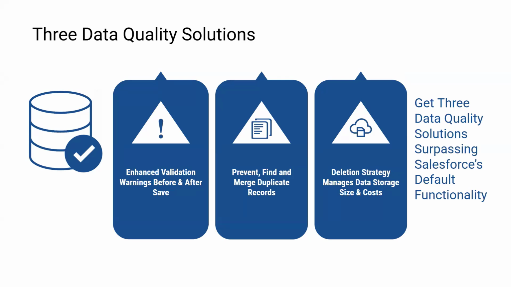Admins can create a custom dupe detecting system that automatically sends notifications if users may be creating or reviewing duplicate data, and those users are given easy-to-use tools to custom merge multiple records. And admins can safely and easily deploy a data governance deletion strategy, which enhances users' access to data in Salesforce while keeping Salesforce data storage costs low. Let's take a look at each.